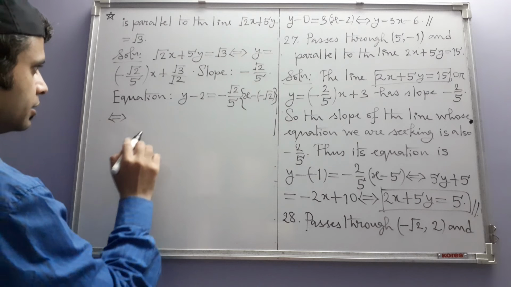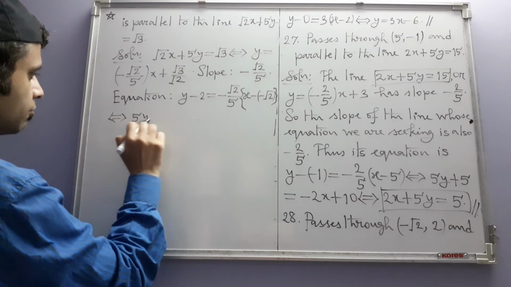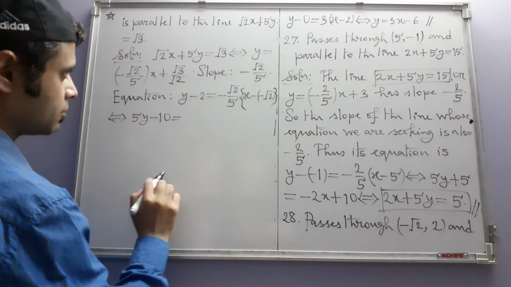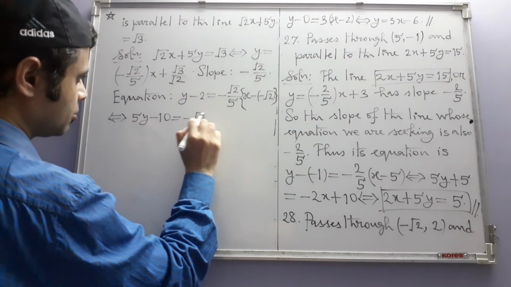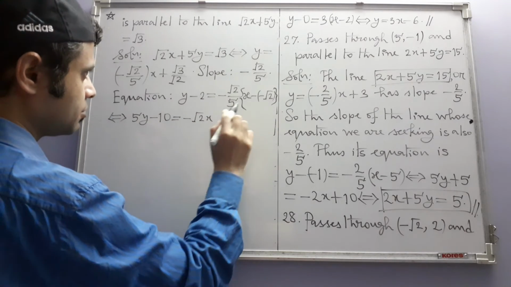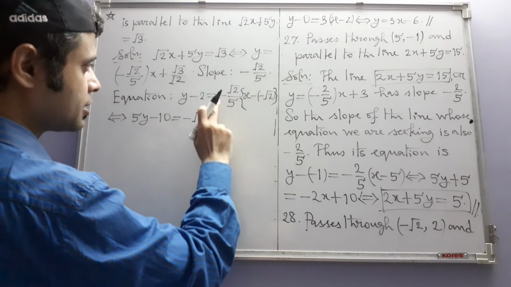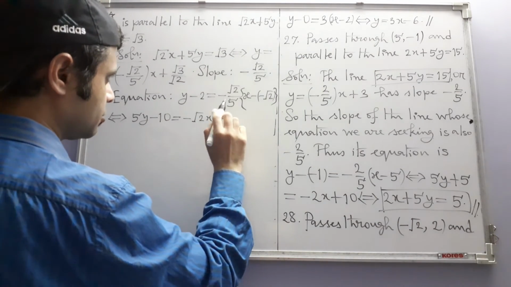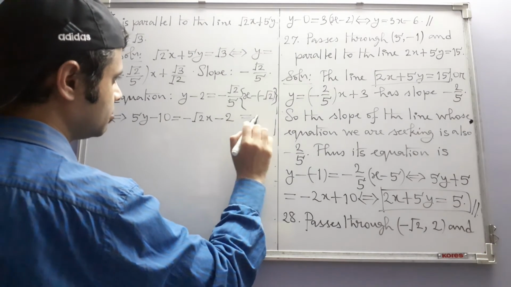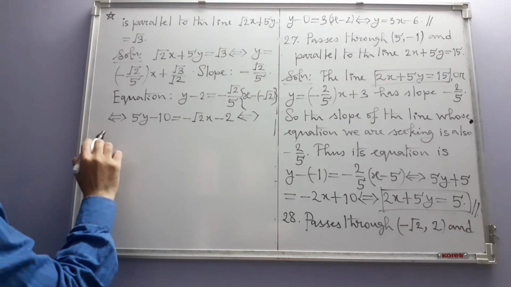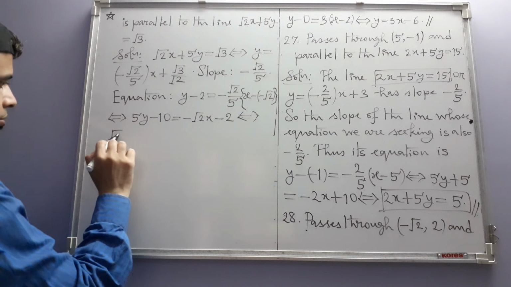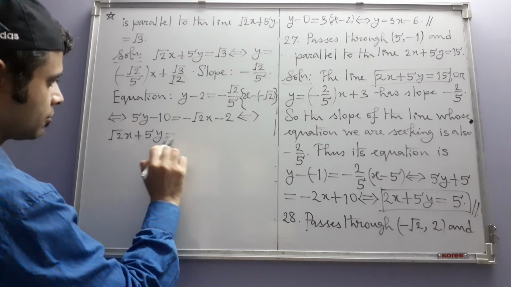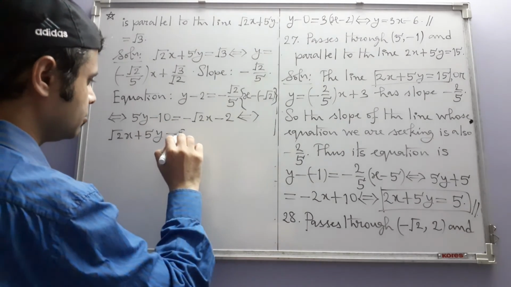We can now simplify this. 5y minus 10 equal to minus root 2x. We have how many minuses? Minus, minus, minus. So this will be again minus. Root 2 is 2. Root 2x plus 5y equal to 10 minus 2, this is 8.